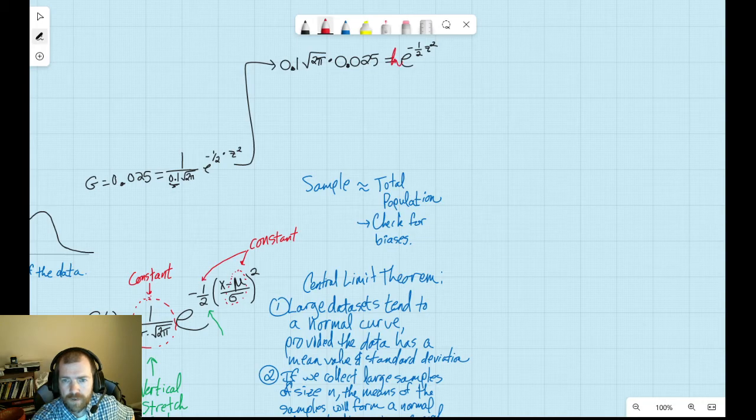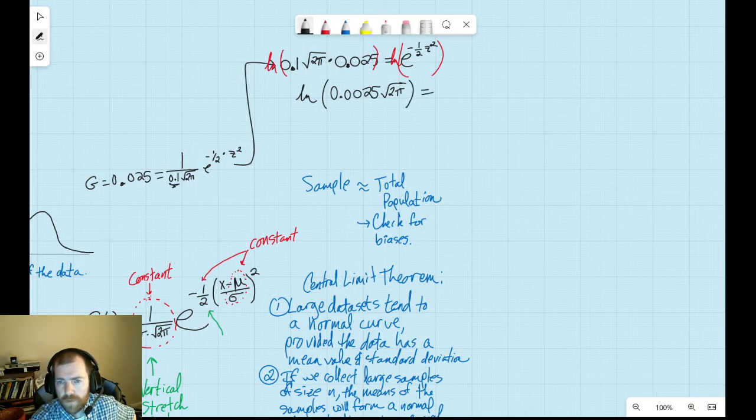So if we take the natural log on both sides, it's going to be the natural log of 0.0025 times the square root of 2 pi is equal to negative 1/2 z squared. Okay, we'll multiply by negative 2.